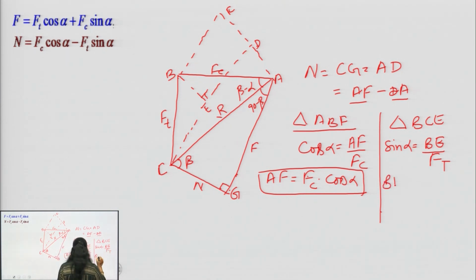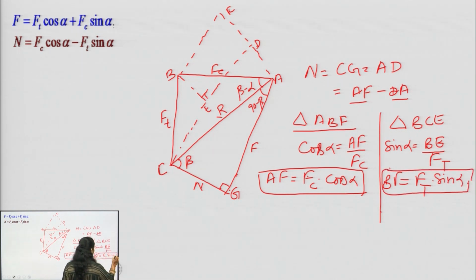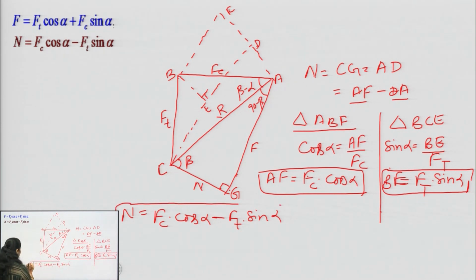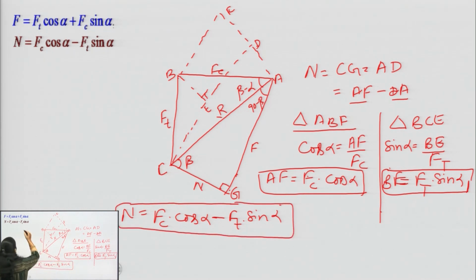So, we can find out the value of Be as Ft sin alpha. Okay. Now, what will become the value of N? N will be Af. Af is Fc cos alpha and minus Ad. Ad is your Ft sin alpha, which is same as this one. Okay.